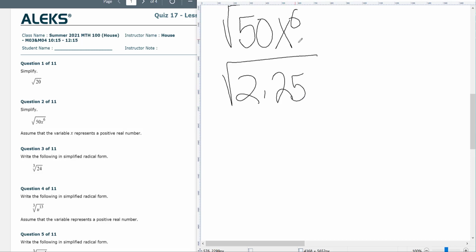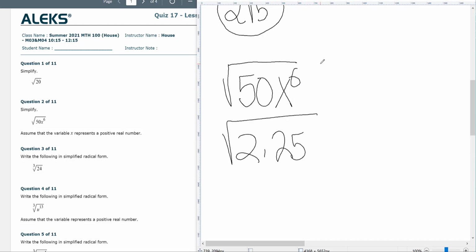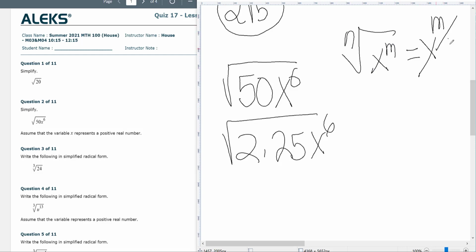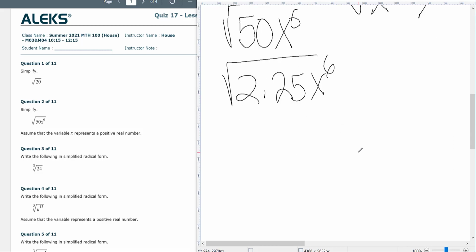And x to the 6 is a perfect square because remember that when you have the root of a variable that's a base with an exponent, you just divide that exponent by that root. So we're going to divide 6 by 2 and it goes in there evenly. So I can separate, but I'm just going to take out these perfect squares.